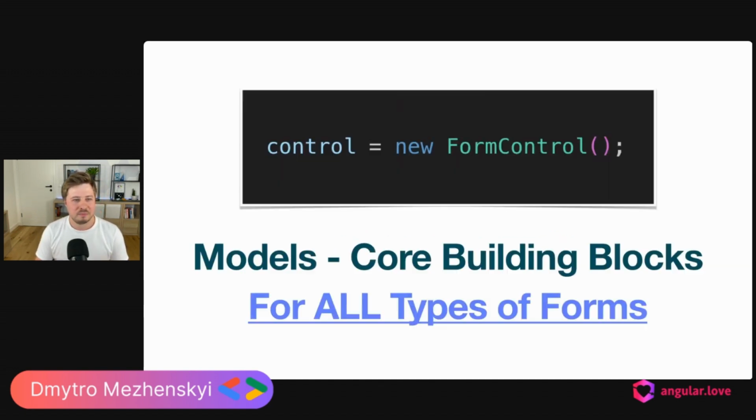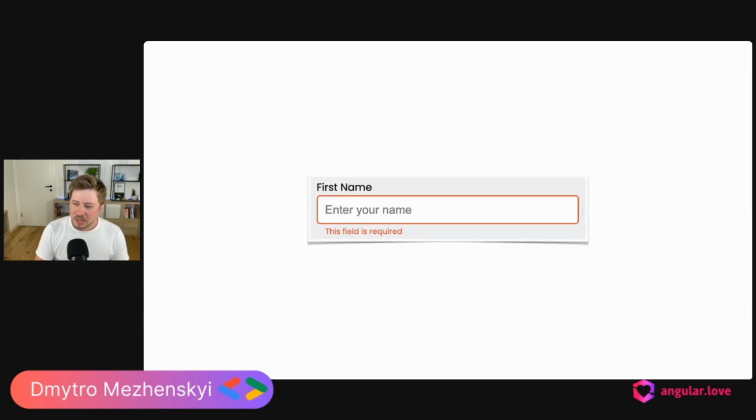And yeah, as I said, models are the core building blocks for all types of forms. But before we see how they are used there, let's try to figure out the role of form controls, of these models in general, in Angular.